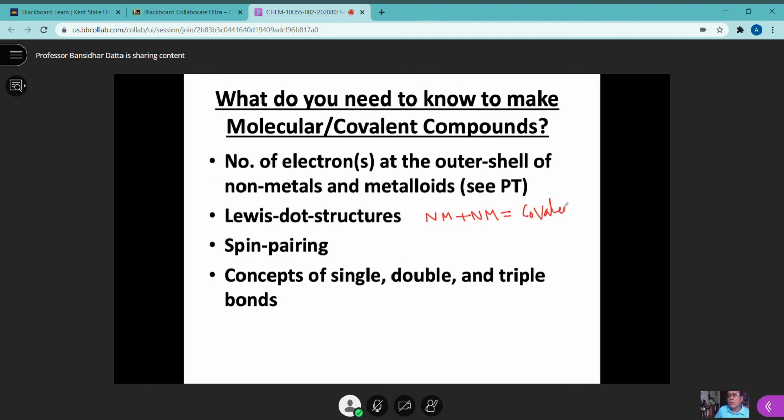The same thing, covalent compounds. That's basically the general principle. So nonmetals plus nonmetals make covalent compounds.